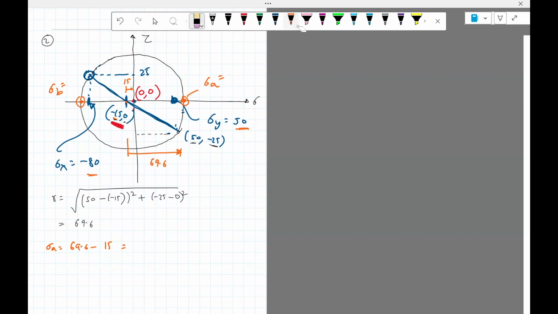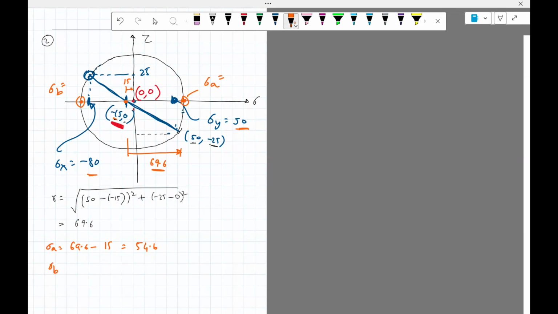Here I'm just doing it based on the lengths. So this is the center. The distance from the center to the edge is 69.6, and then 15 is the distance from center to the origin. So subtracting the two, you get sigma A.